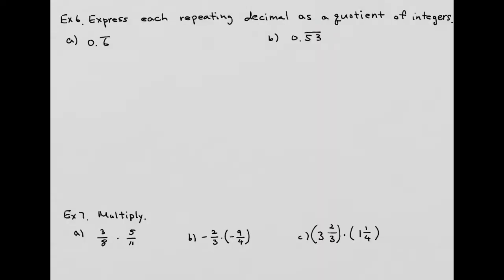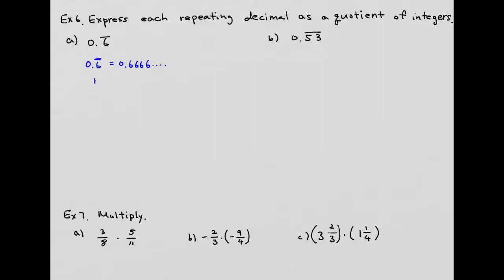Example 6, we're trying to change a repeating decimal into a fraction. We don't use this a lot, but this textbook has that problem. So what we need to do is understand what a repeating decimal is going to be equal to. Since 0.66 repeating means you have 0.6666 keep repeating, right? So I'm going to let n be the repeating decimal.